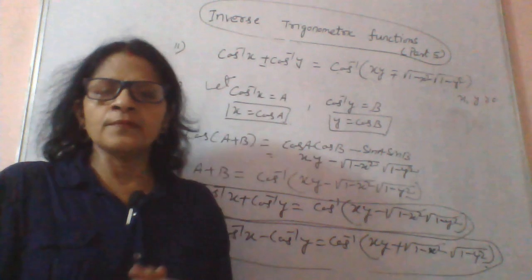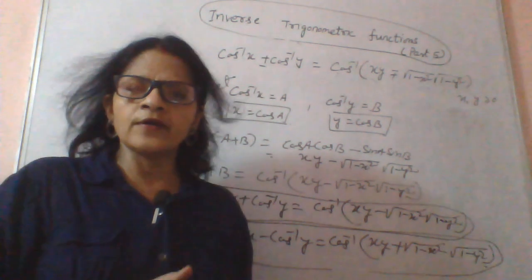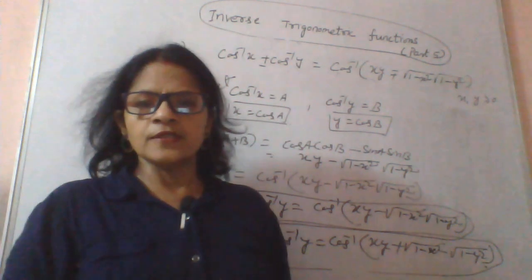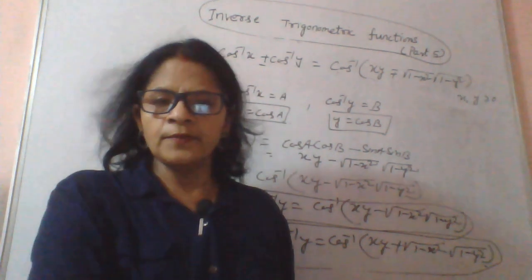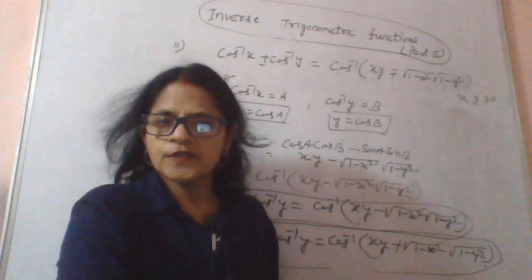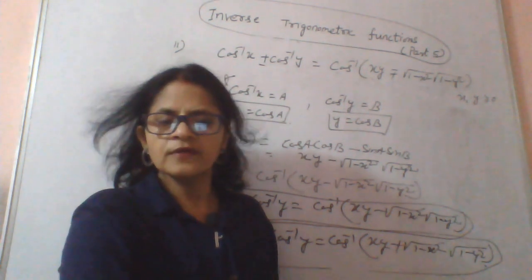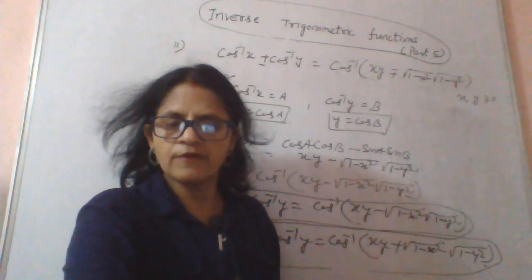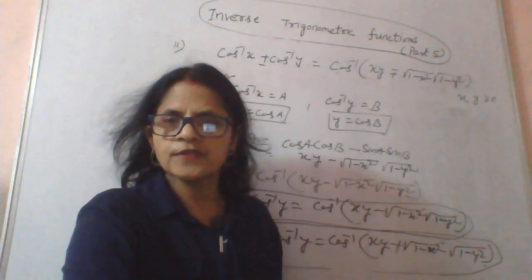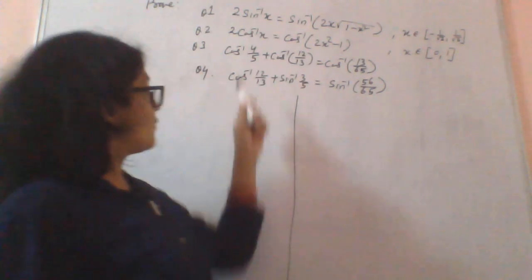Along with these properties, property number 8, we have already done the last 7 properties. By this time you might have observed the basic procedure of solving questions on inverse trigonometric functions. Now we will take some questions. So let's take some questions now.